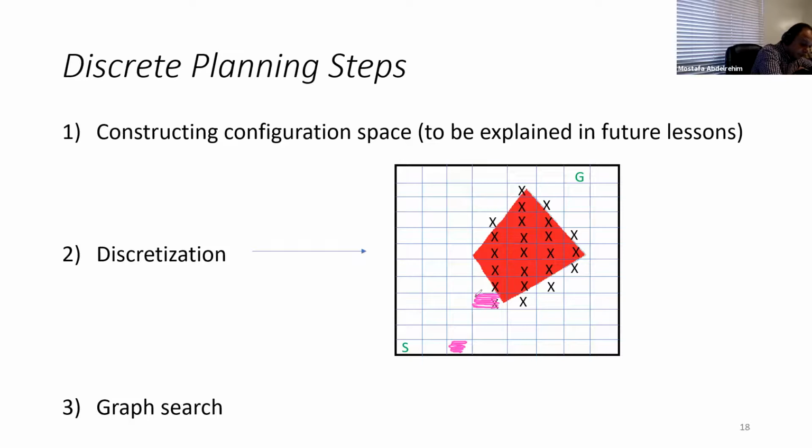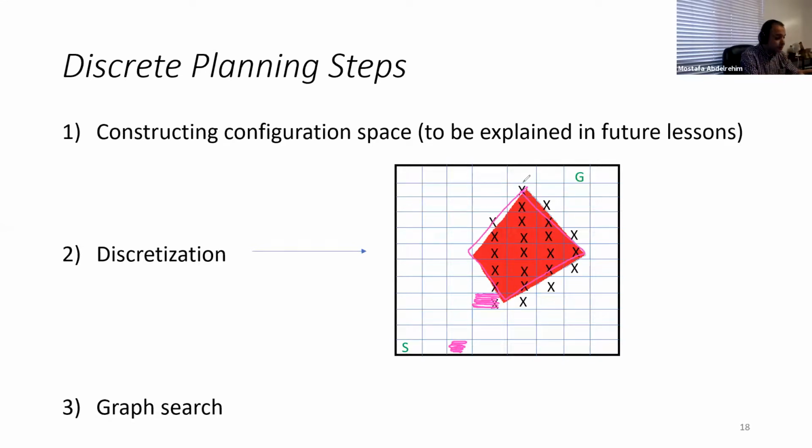The configuration space takes into consideration not just the obstacles in the environment, but also the dimension of the robot. Don't worry about this definition, we'll come to it later.